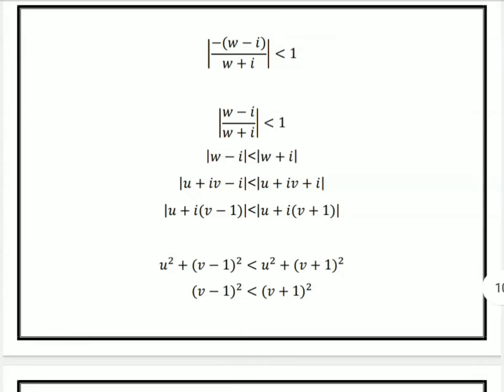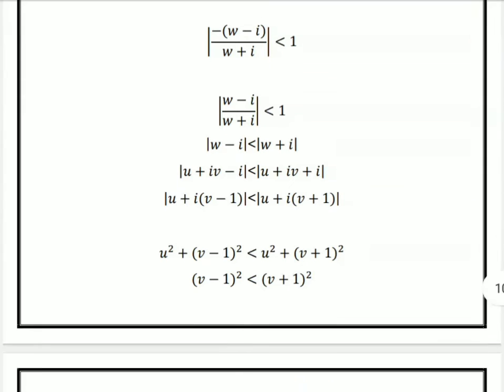So removing the modulus, the squaring formation: U squared plus (V minus 1) whole squared is less than U squared plus (V plus 1) whole squared. Here we have U squared on the left hand side and on the right hand side, omitting that, they cancel. The remaining term will be (V minus 1) whole squared less than (V plus 1) whole squared.